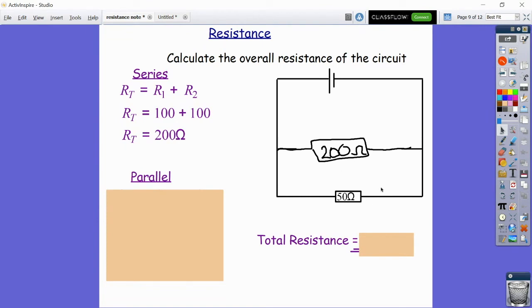So now that I've simplified it a bit, you can see, okay, the current then has this option. We've got a 200 ohm or a 50 ohm there in parallel, so I have to use my formula, 1 over RT, so 1 over R1 plus 1 over R2. Again, remember you can pause it if you want some time to work it out yourself.